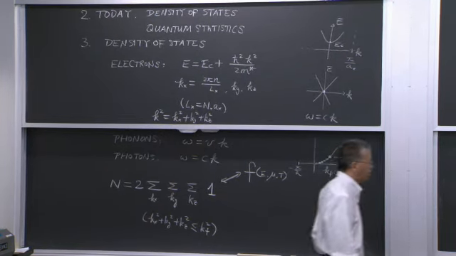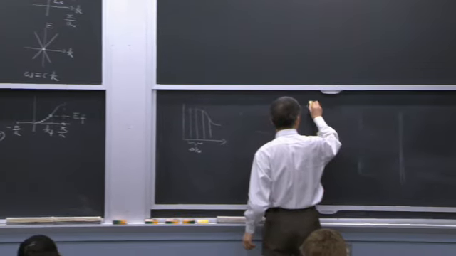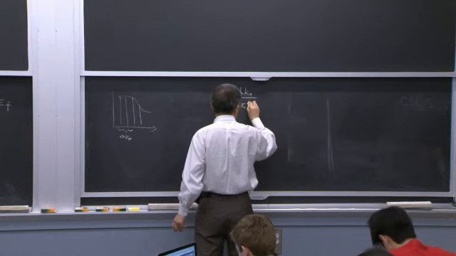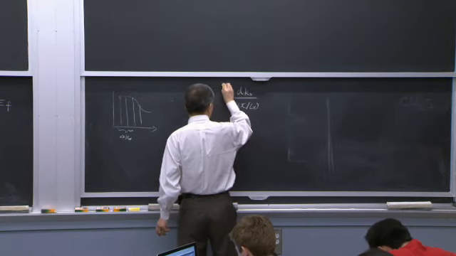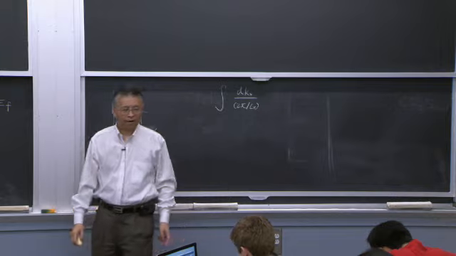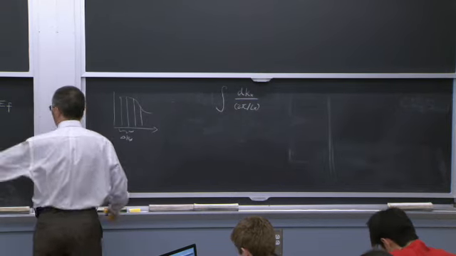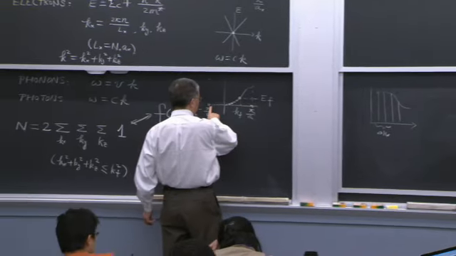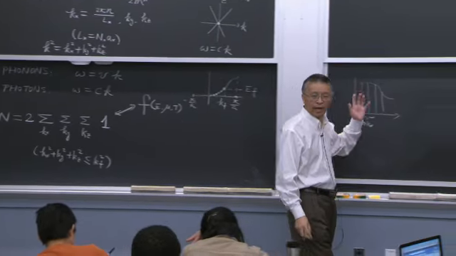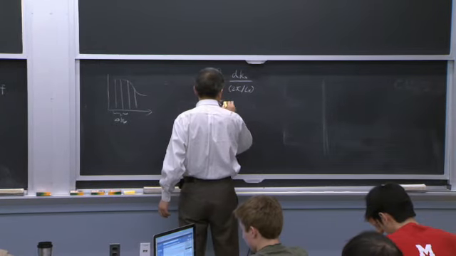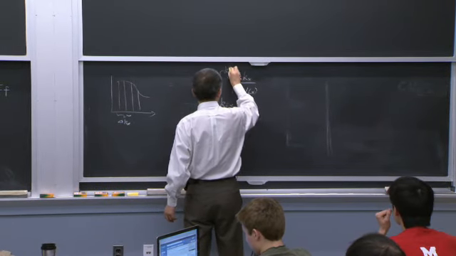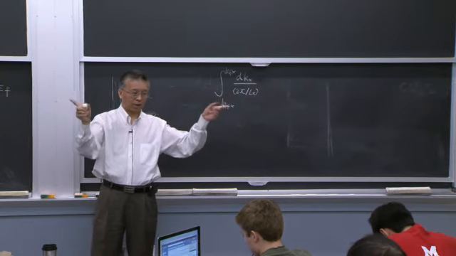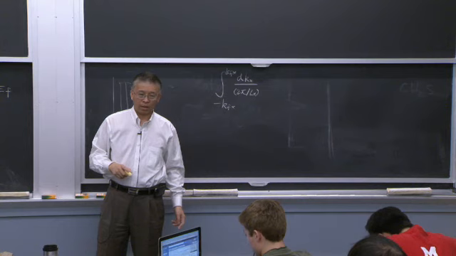Okay, so now I'm converting this one, and rather than sum over Kx, I do an integration over Kx. So what's my limit? If this is Kxf and minus Kxf, right? So I have minus Kfx to plus Kfx. Remember, I'm in symmetry, right? K negative, positive, K symmetric.